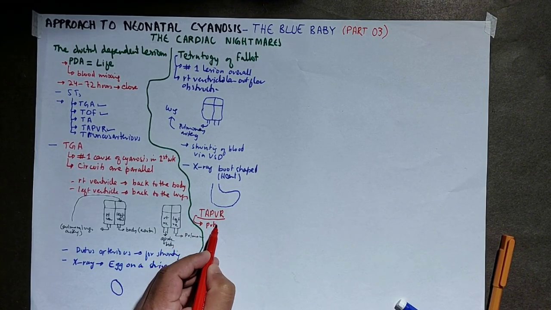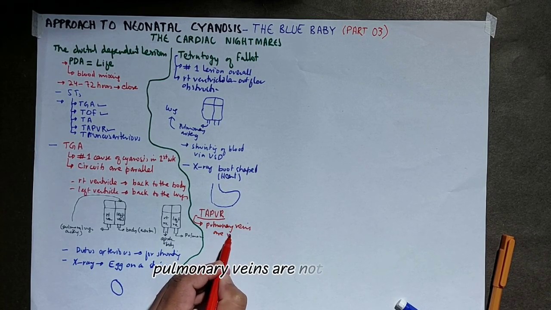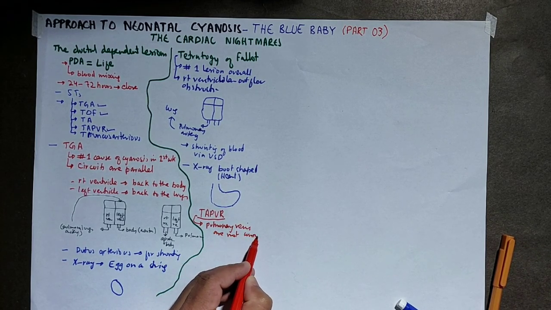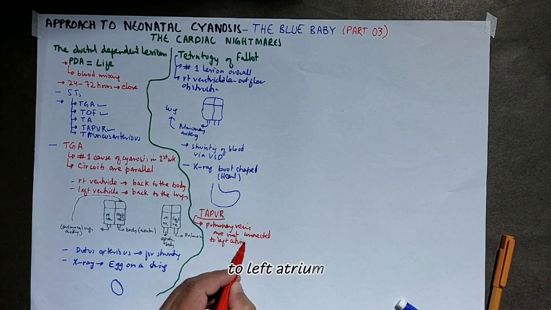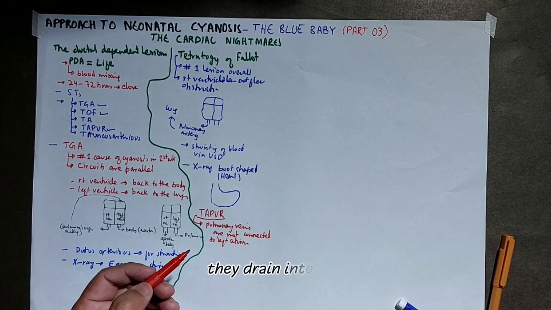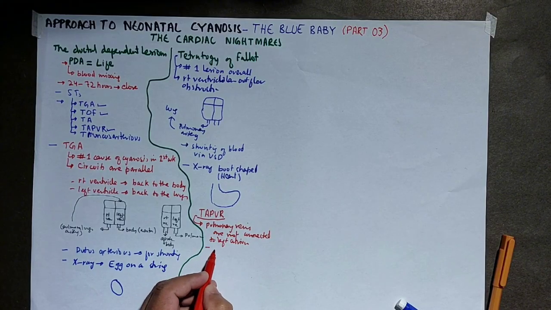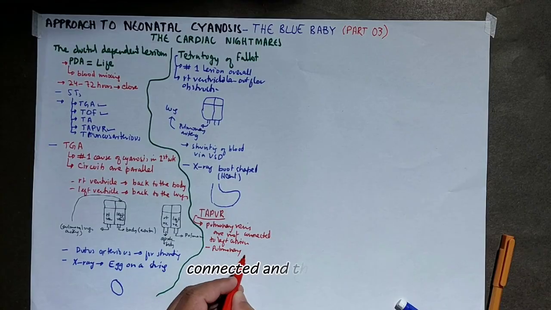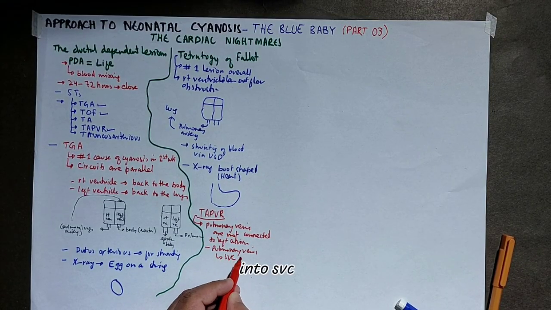They drain into the superior vena cava or the liver. So pulmonary veins are not connected and they drain into the SVC or liver.